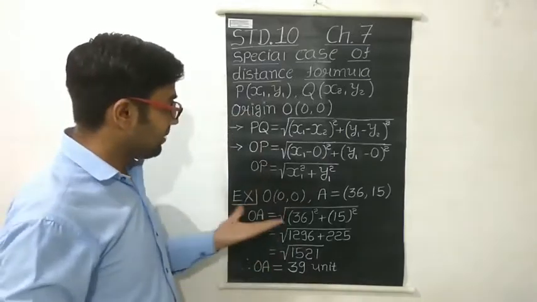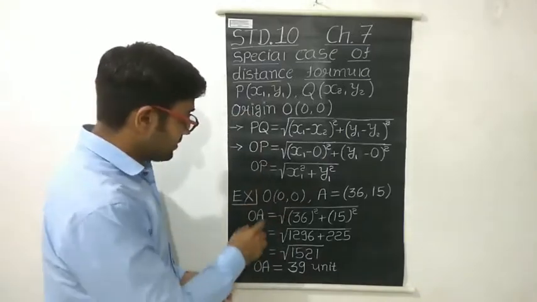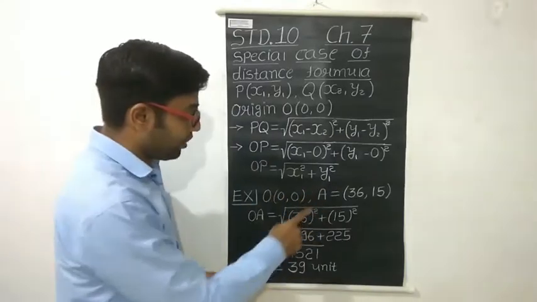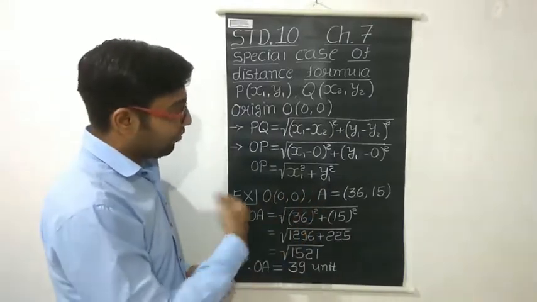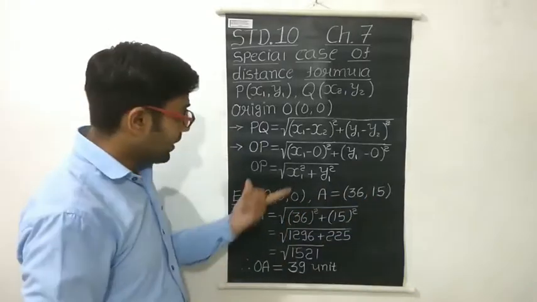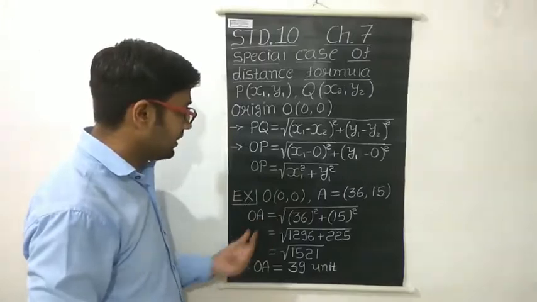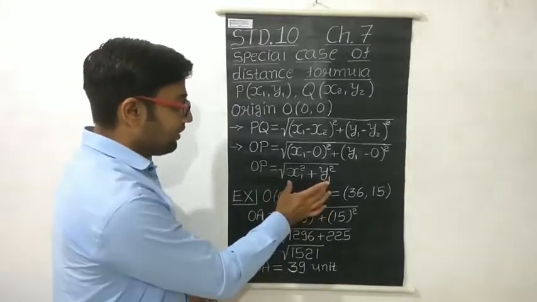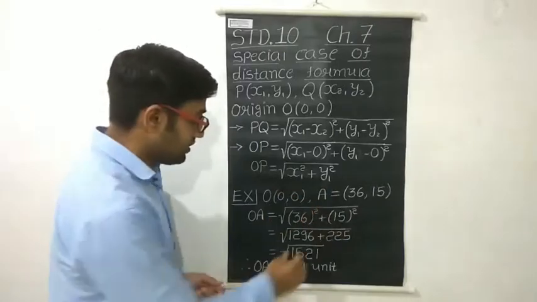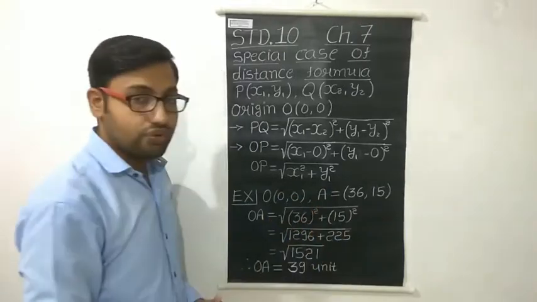Let us understand it by taking an example. Suppose we want to find the distance of point A from the origin, and the coordinate of A is (36, 15). So according to this formula, OA is equal to the square root, we have to only consider the coordinate of A point, that is 36 square plus 15 square.